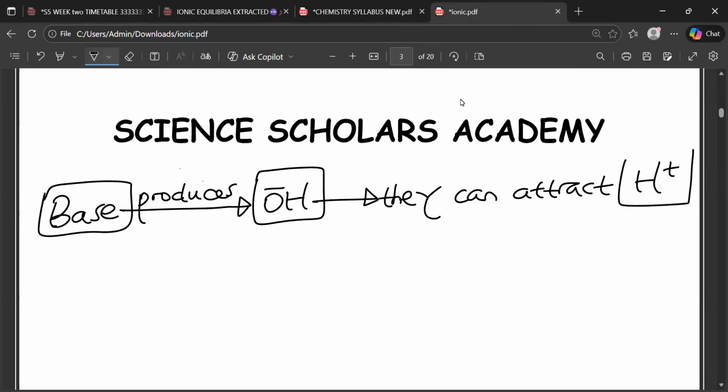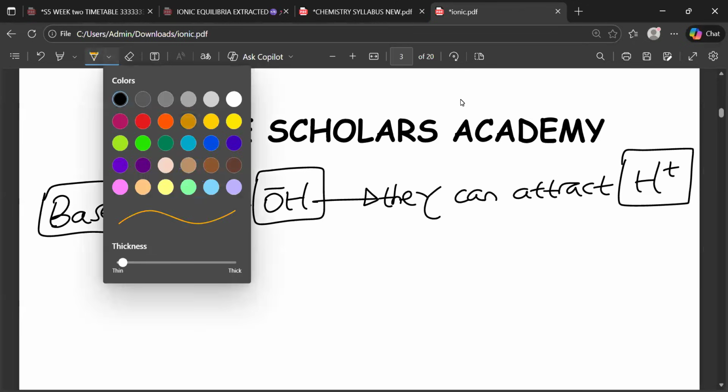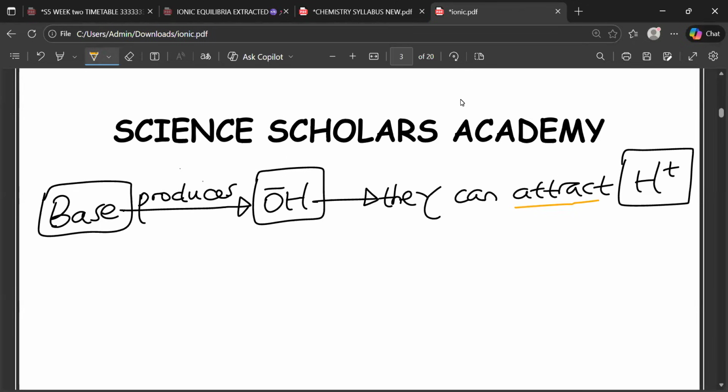That is something very clear. Because we are talking of attraction, you can see this one is a negative and this one is a positive. So of course attraction can happen. And then you know when they interact, they will form what? They will form water. Something like that.